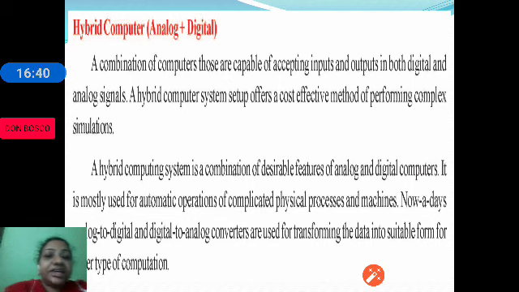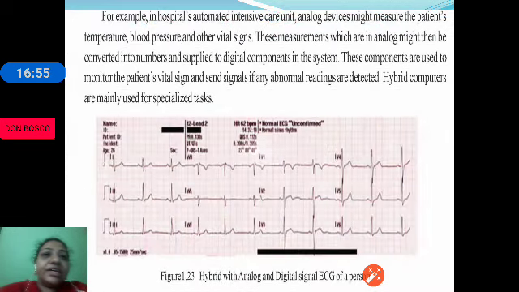These days we can see analog to digital and digital to analog converters, which transform the data to the suitable form which is required by the user. For example, in a hospital, an automated intensive care unit uses analog devices to measure the patient's temperature, blood pressure and other details.